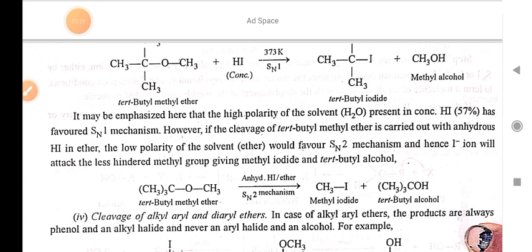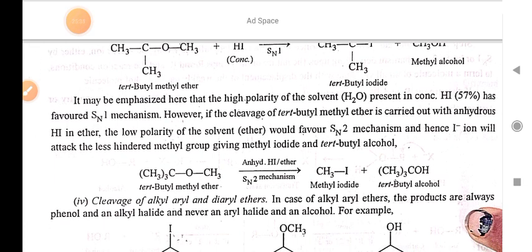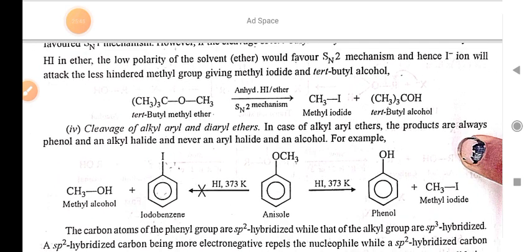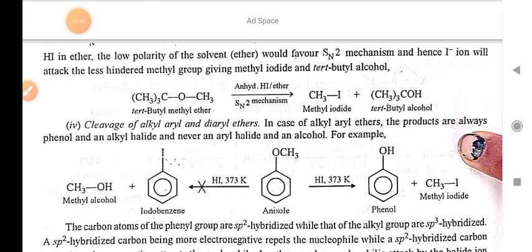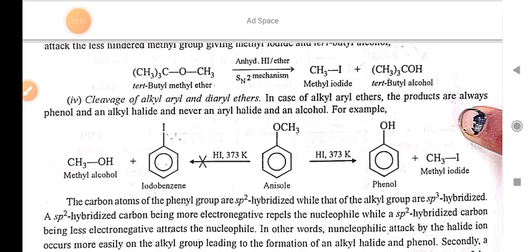However, if the cleavage of tertiary butyl methyl ether is carried out with anhydrous HI in ether, the low polarity of the solvent would favor the SN2 mechanism, and hence the I negative ion will attack the less hindered methyl group, giving methyl iodide and tertiary butyl alcohol. Tertiary butyl methyl ether gives methyl iodide and tertiary butyl alcohol under the condition of anhydrous hydroiodic acid in ether, by the SN2 mechanism.